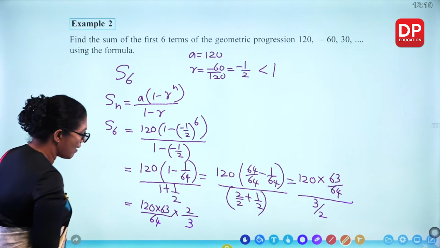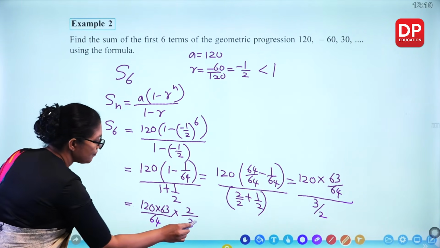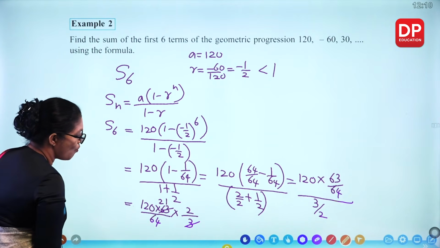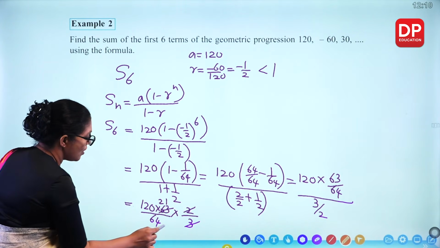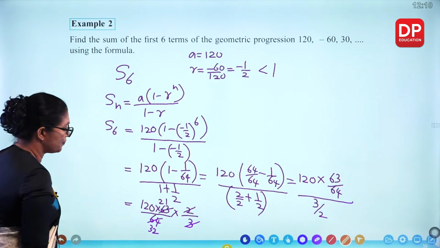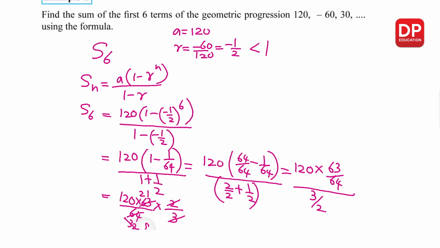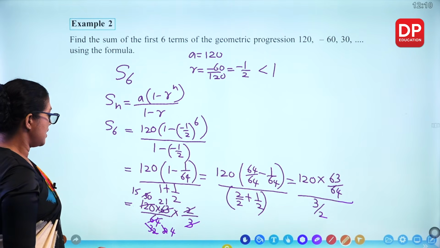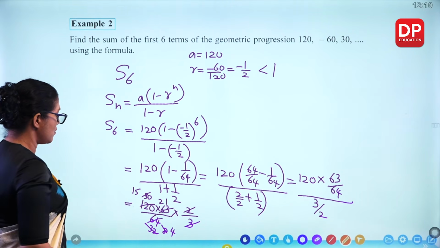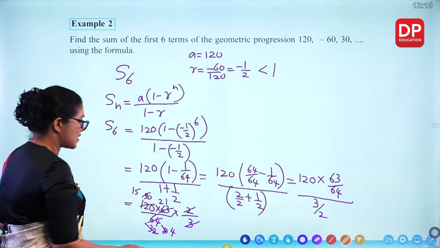So when you simplify, what do you get? 3 times 2 and 1, and 2, and this one you get 32. 4 times 8, 4 times 30. Then again divide by 2, you get 4 and 15. So you can't simplify further. So what's the answer?